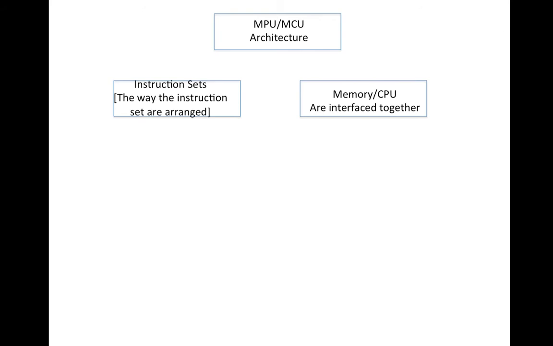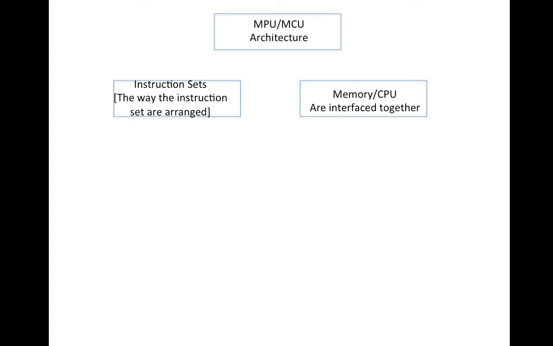In general, microprocessor units or microcontrollers, in terms of their architecture, can be categorized in two different ways. One way is to look at them from the point of how the CPU and the memory are interfaced together.